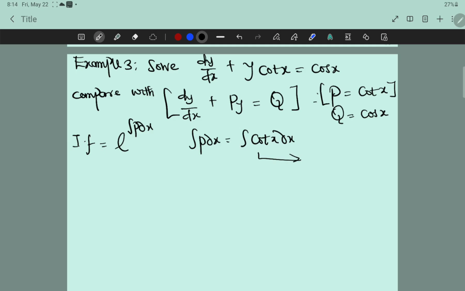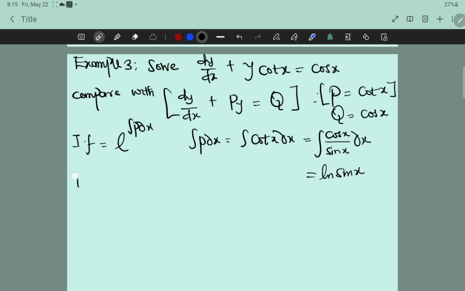And the integral of cot x dx is, remember, the word cot means cos of x divided by sine of x. So this is what we are talking about. The integral of cos x divided by sine x, which is ln sine x. Yeah, ln sine x. All right.